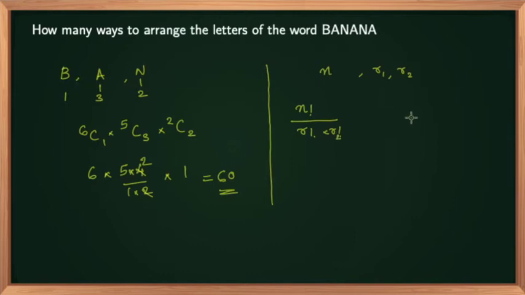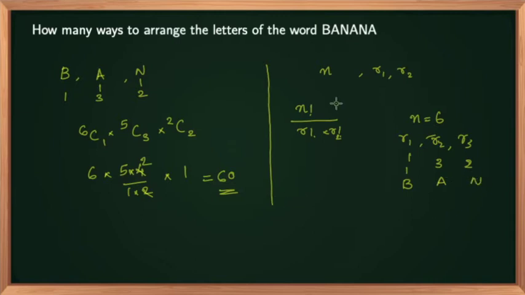Here we have n given by 6, and r1, r2 and r3 are there. There are three different items. r1 happens only once, r2 happens three times, and r3 happens two times, right? Here r1 represents B, r2 represents A, and r3 represents N.